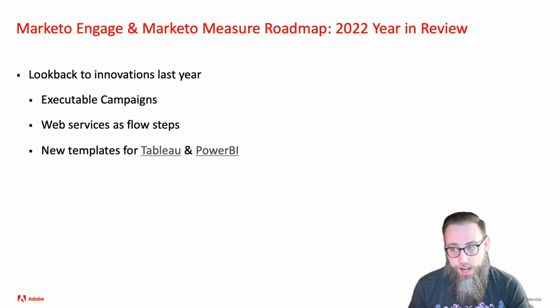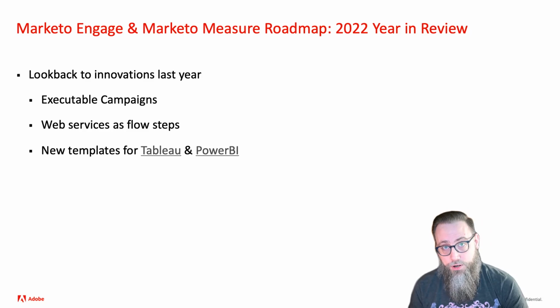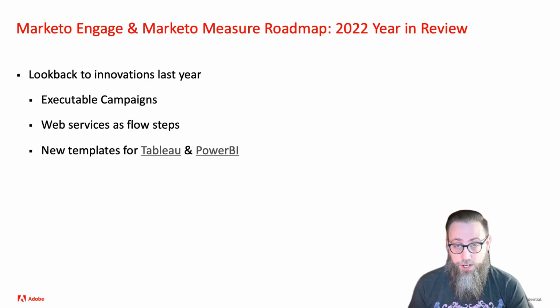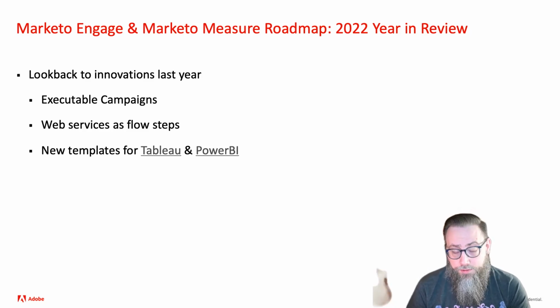You can have a flow step in Marketo that calls a web service, does whatever the thing needs to do, whether that's changing data or whatever else, and then sends all that information back into Marketo. And what's cool about these is when you do that flow step, it waits for the response back from the web service before it moves on to the next flow step. So similar to executables, we're trying to prevent race conditions and do a lot of cool stuff.